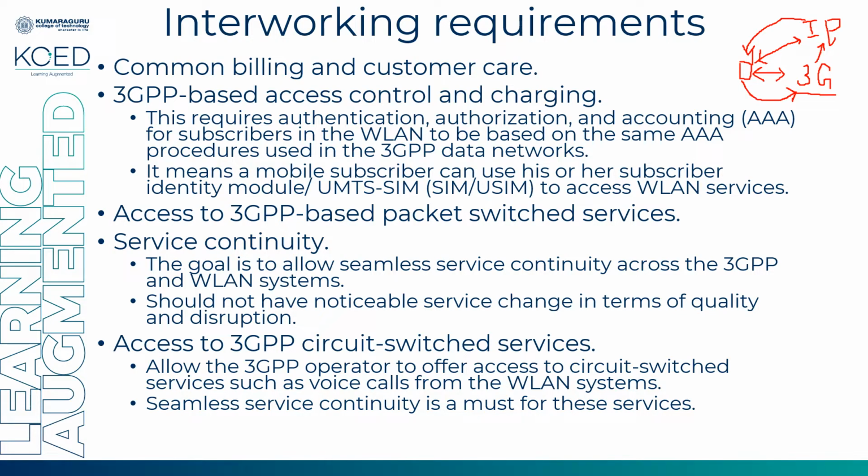In that case, the service provider for 3G and IP can be the same service provider or they can be different service providers. Whatever be the case, you need some mechanism.